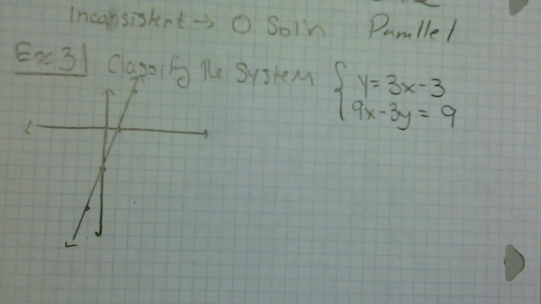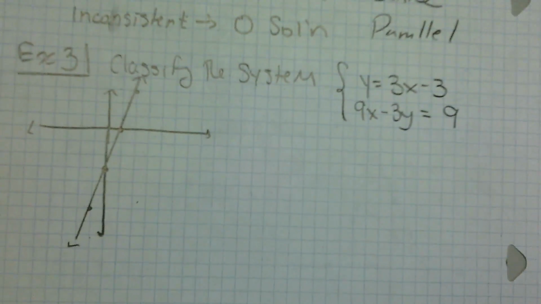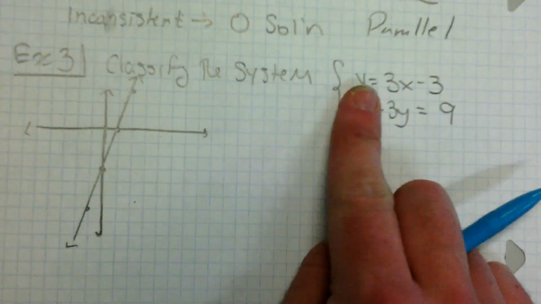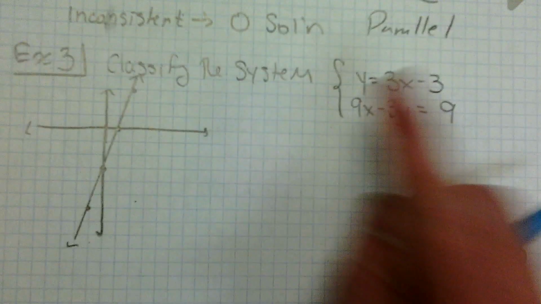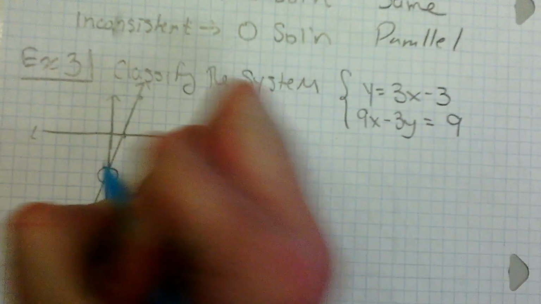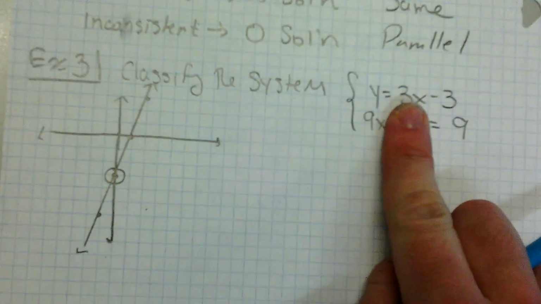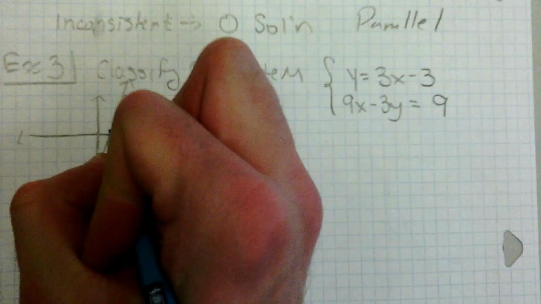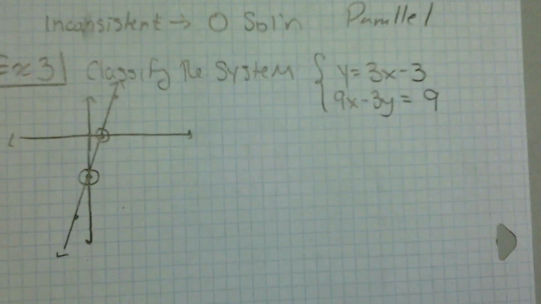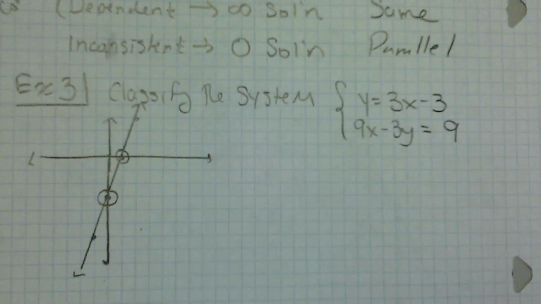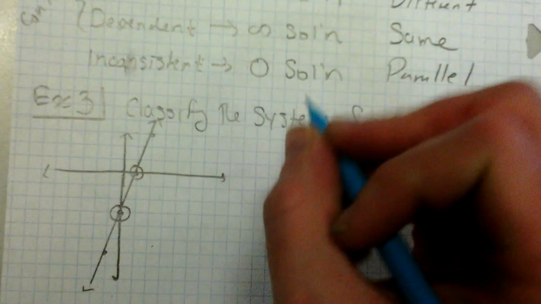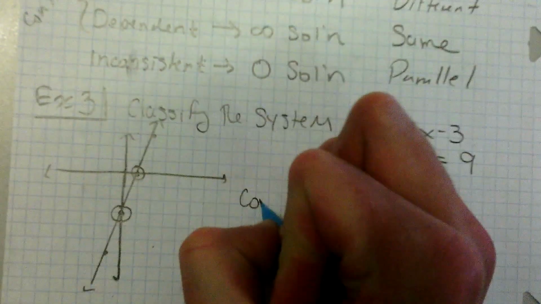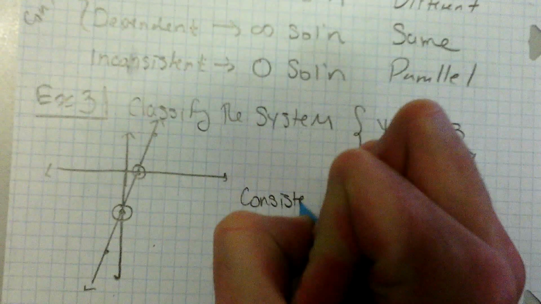Yep. So cover up method. Cover up the x. Y is negative 3, which is right there. Cover up the y. The x is 1, which is right there. These are the same line. So this is consistent and dependent.